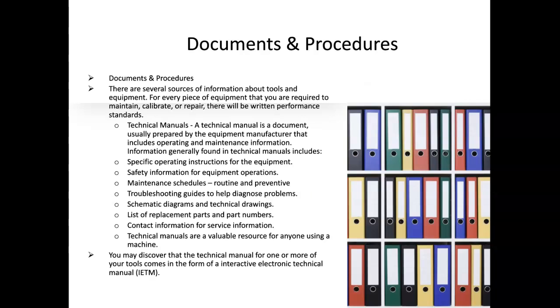Troubleshooting guides for diagnosing, schematic diagrams, your technical drawings, your blueprints, a list of replacement parts and part numbers, and suppliers of where you're going to go to get those, or even a supplier if something goes wrong and you don't have people in place who can go in and fix that, then you're going to need to contact somebody for outside service and get a service technician in.